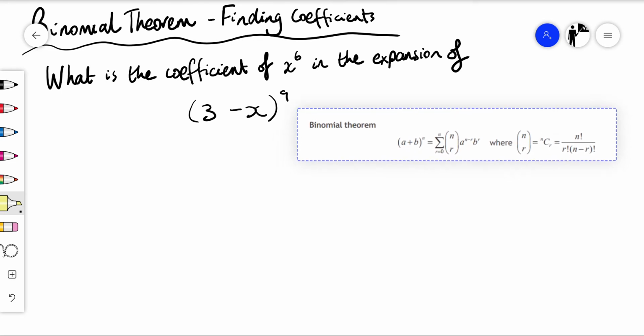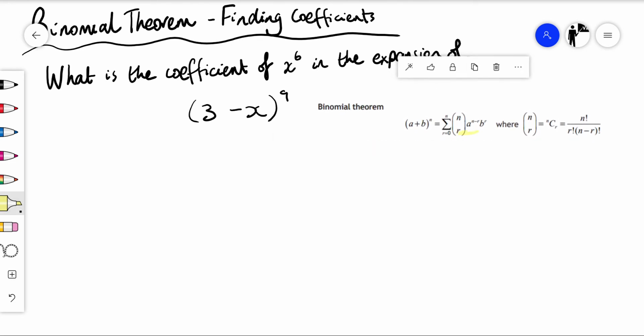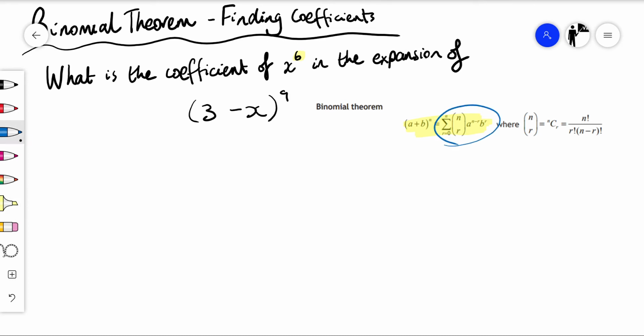What we're going to do when we want to find a specific coefficient is work with this formula here. We specifically want to work out when we've got x to the power 6, but to start off with, we're just going to write down what this would look like for our term here.